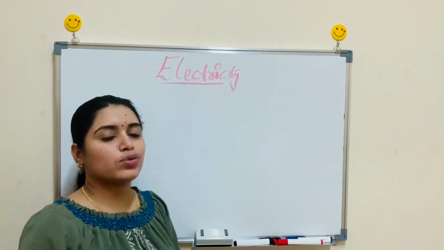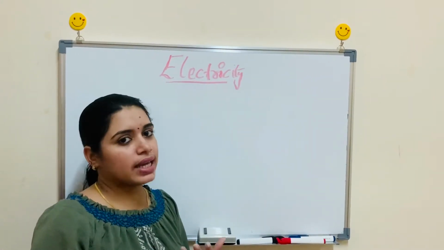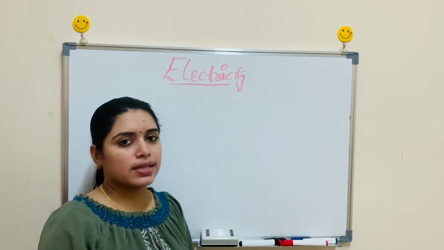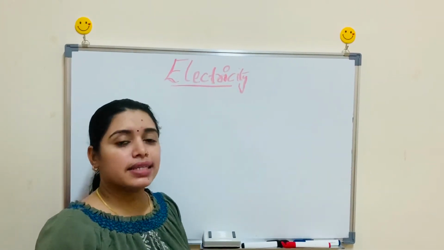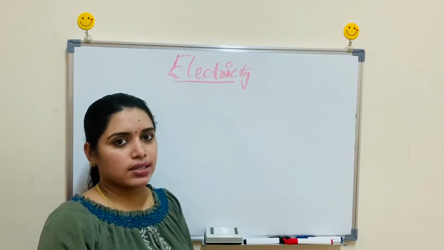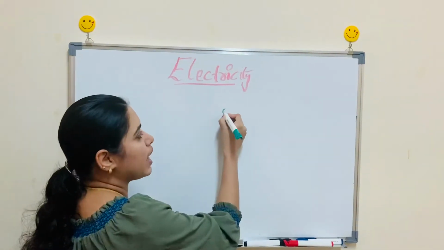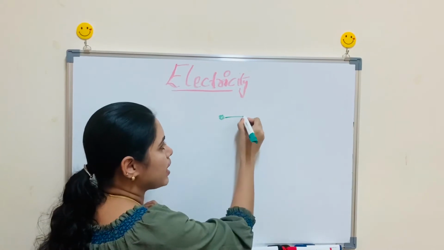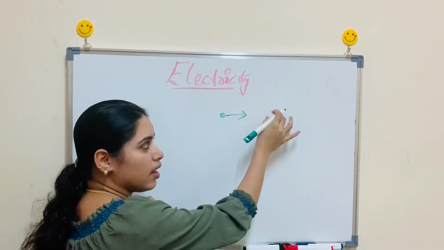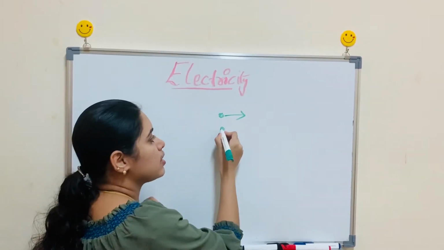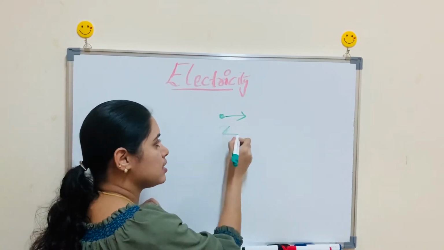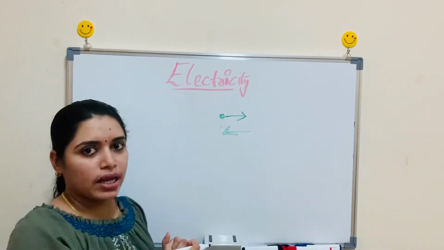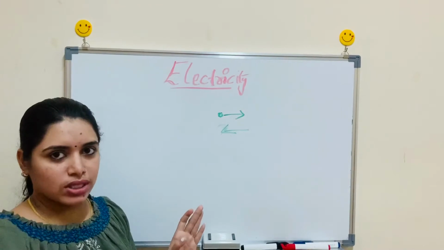Now we are going to study what is the direction of electric current. The direction of electric current can be taken as the direction of positive charge. We know that electron has negative charge. Suppose an electron is flowing in this direction, then the direction of current is just opposite to that of electron flow.